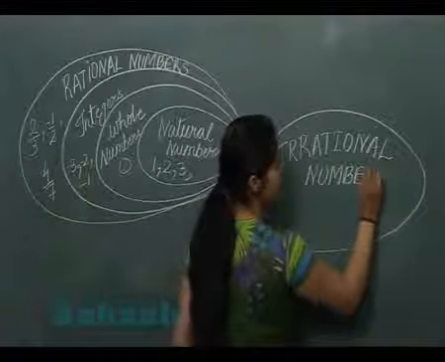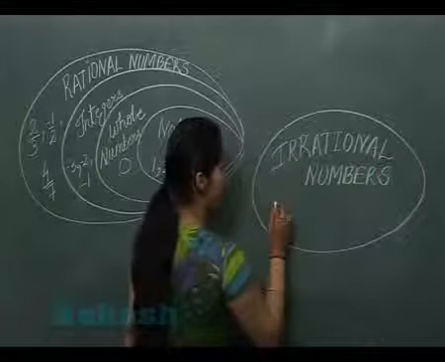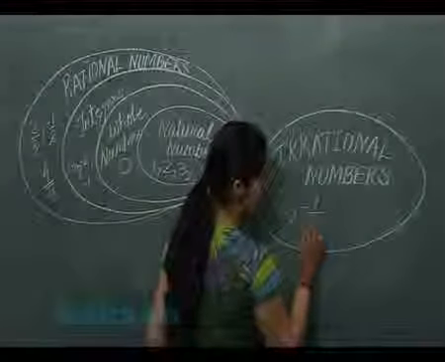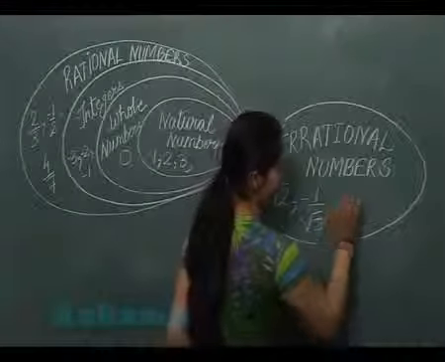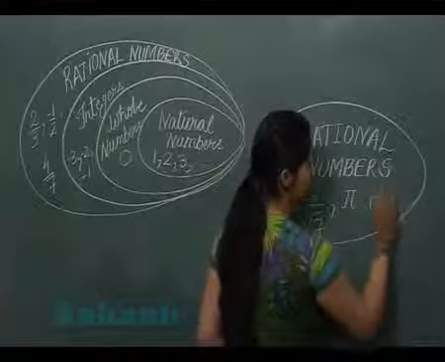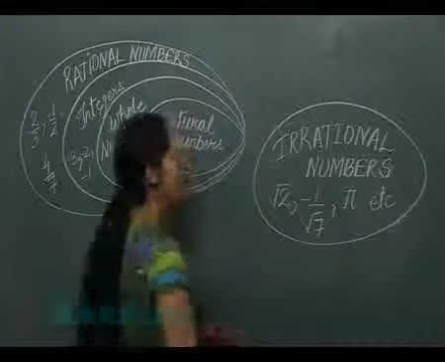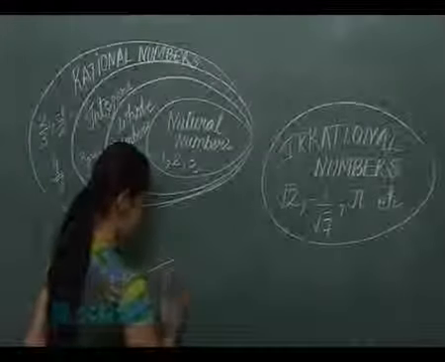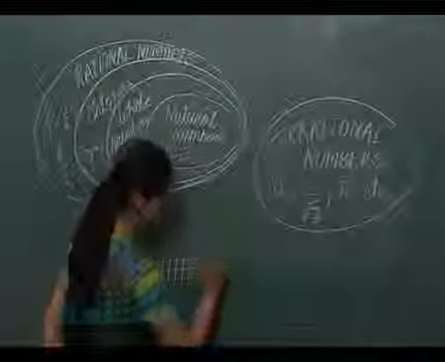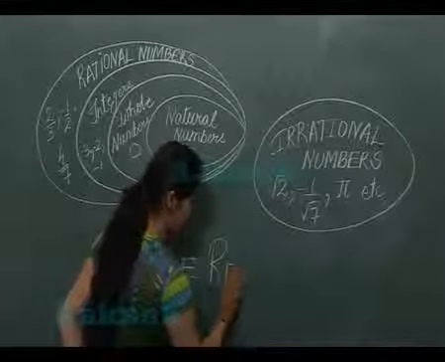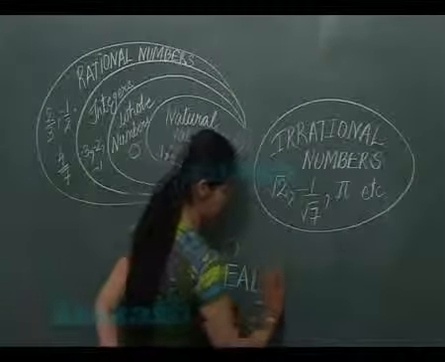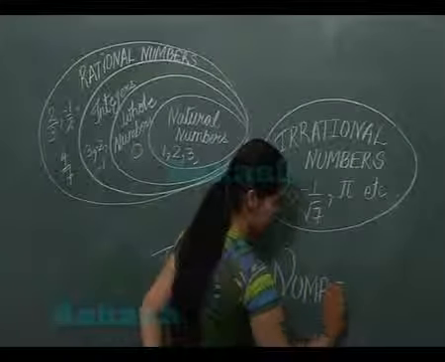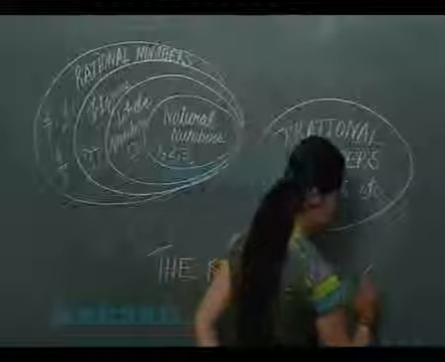And it will contain numbers of the form root 2, minus 1 by root 7, pi, etc. And this whole thing is known as the real number system.